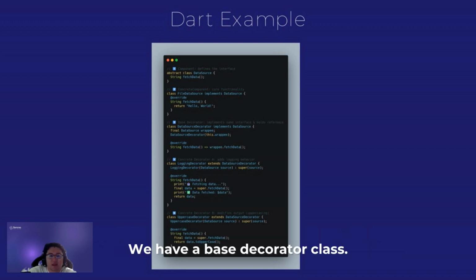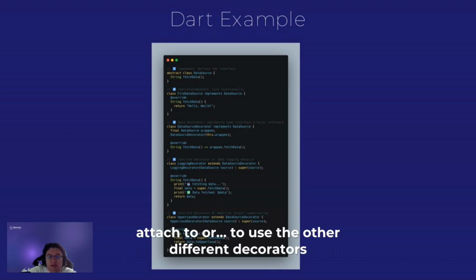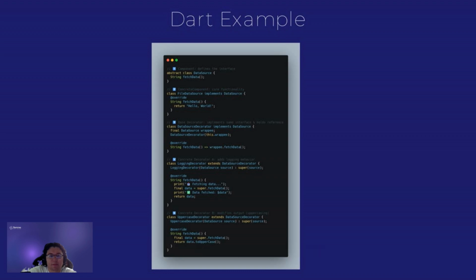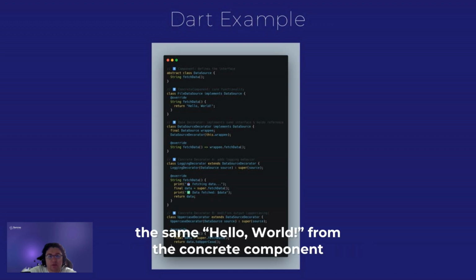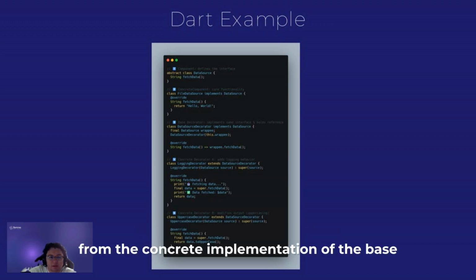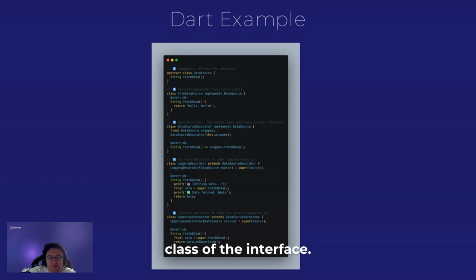We have a base decorator class. We're going to be using this class to attach the other different decorators that we are going to create. And this one will return the same result, the same hello world from the concrete component, from the concrete implementation of the base class of the interface.